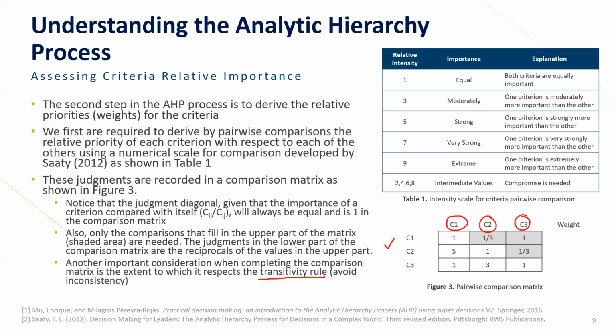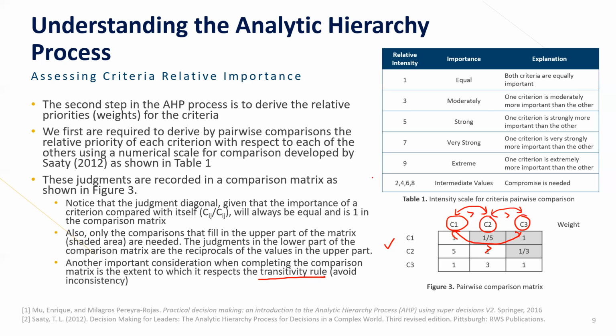Basically, transitivity means that when you say C1 is more important than C2, and then you say C2 is more important than C3, then when you are asked about C1 and C3, of course, C1 will always be more important than C3.